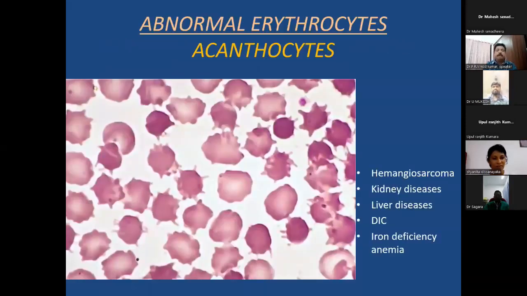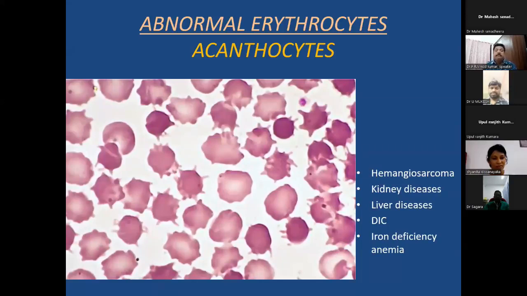Let us examine some abnormal erythrocytes. Acanthocytes are very common. Acanthocytes can be seen in chronic kidney diseases. I have seen this several times.